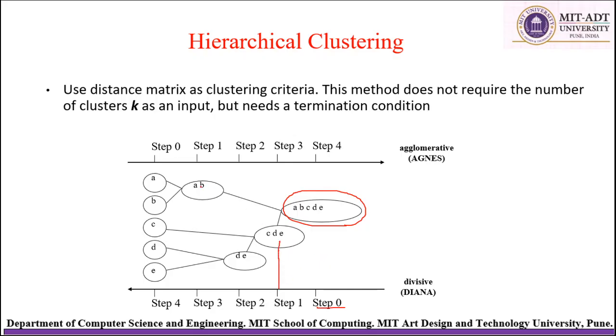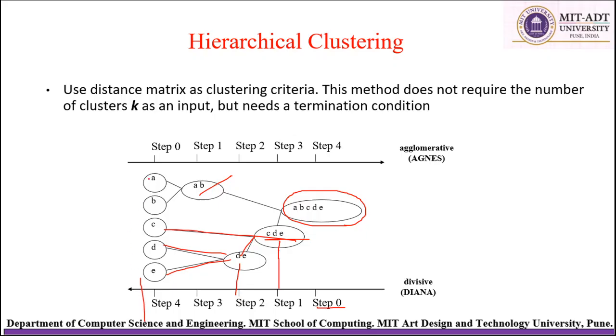One cluster is CDE and the second cluster is AB. At the next step 2, we will divide the CDE cluster into two clusters: one is the C cluster, another is the DE cluster. And so on, we are going to divide the successive clusters, and this is the last step of this DIANA or divisive clustering algorithm.